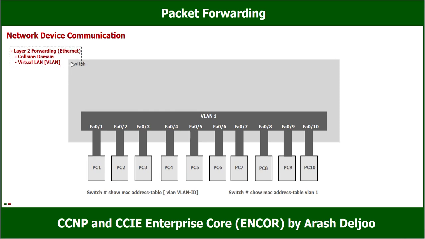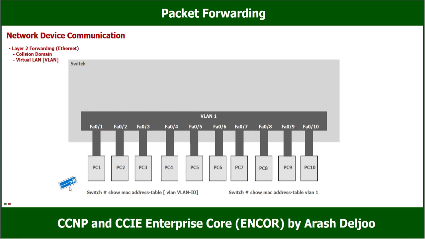As you can see, in this switch we have only one VLAN. All of the interfaces of this switch, like FastEthernet 0/1, 0/2, 0/3 to 0/10, are members of VLAN 1. They are members of one logical switch, and because of that, when PC1 or other PCs send broadcast traffic, the broadcast is flooded to all interfaces except the incoming interface.